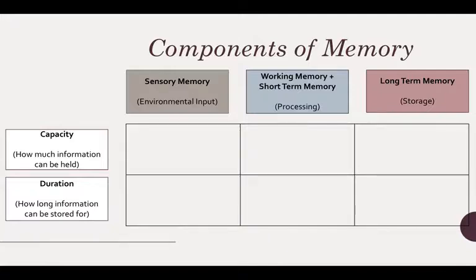I like to think of sensory memory in terms of the 5 senses. Right now you're experiencing things through your eyes, through what you hear, through touch, through smell. Right now in this moment, you hear me talking, you may hear one of your neighbors talking, you may hear the din of the air conditioner in the background, you may hear someone rustling a piece of paper, you may hear what's going on outside if people are passing by the room. At the same time, you're seeing the screen as this video is being projected.